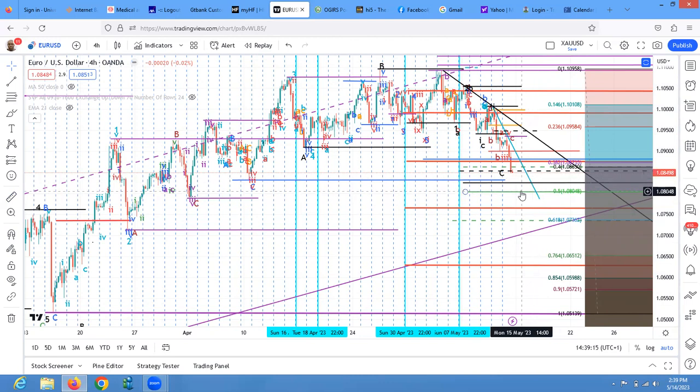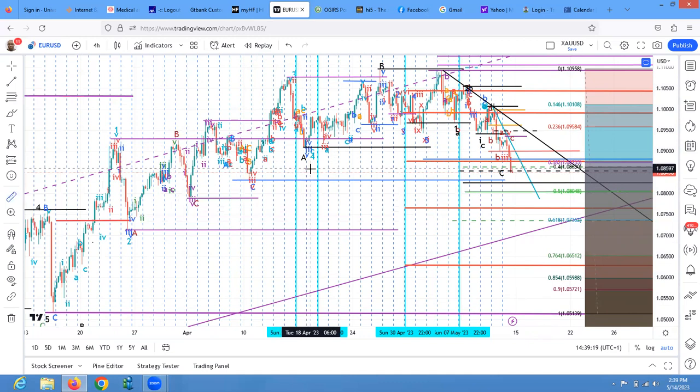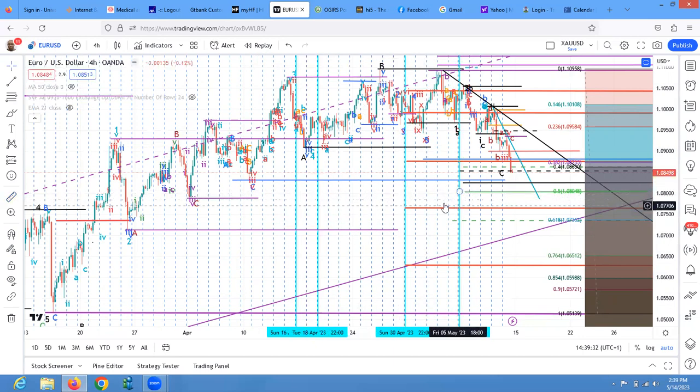And if it's going to end it all here, from this level now to this level, it is about 45 pips to end. But again, it might take the whole week. So we might just be doing movement to the upside and down, correcting and wasting more time. And that may take us to 61.8.